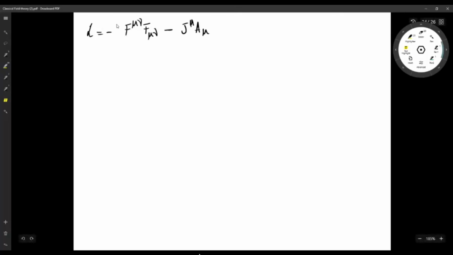Also, another factor that's commonly added is this one, where mu is the permeability. And you might have also noticed that there's no c or epsilon naught. There's only mu naught.